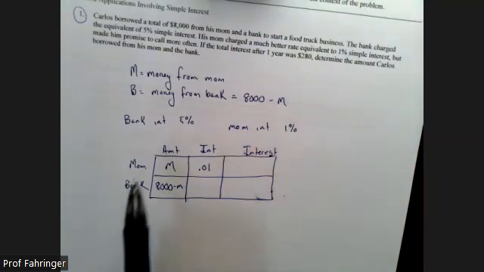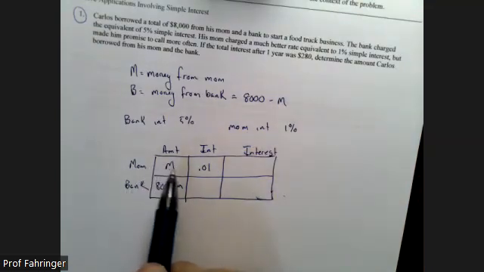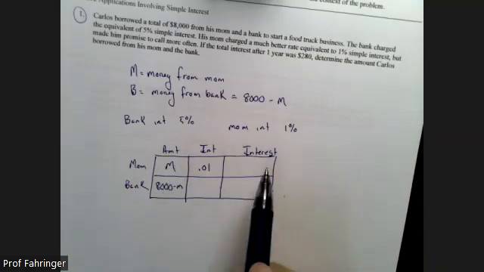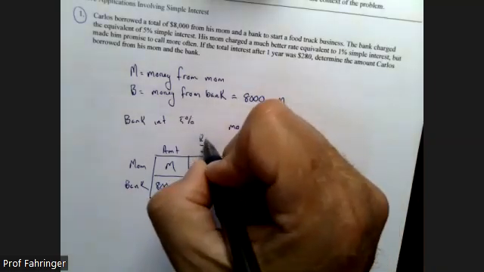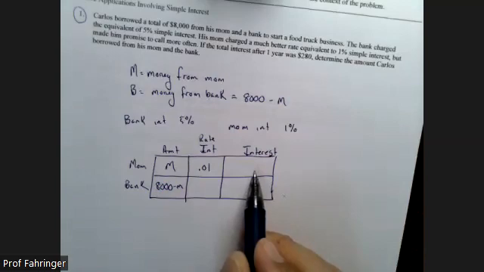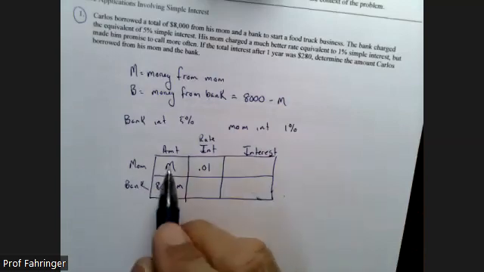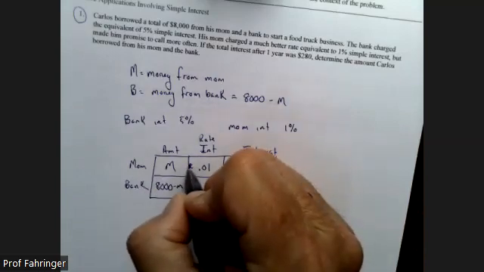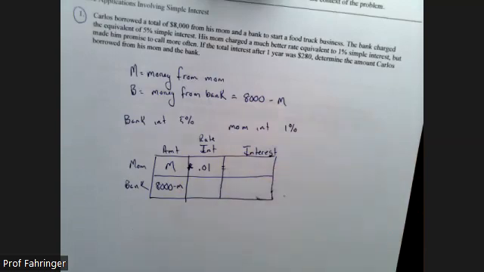So for example, if he borrowed $5,000 from mom, and again, this is the rate of the interest, the interest he'd have to pay her is that 5,000 times 0.01. It's a hard problem. Do a couple of these and they get much easier. But right now it's a hard problem.